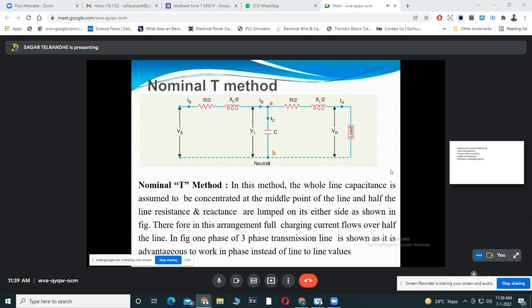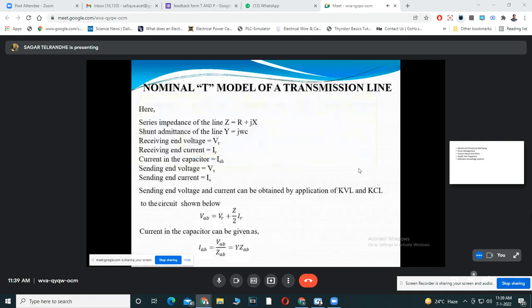Now let us deal with some calculations. The nominal T model of the transmission line consists of the series impedance of the line, Z, which is the combination of resistance as well as inductance.